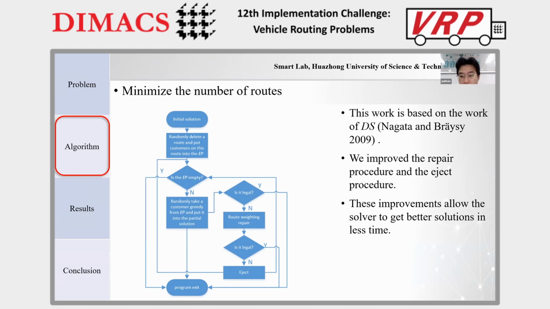Then call the route-weighted repair algorithm to repair the solution to be feasible. If the solution can't be restored to be feasible after the repair procedure, the ejection procedure will be called. A certain amount of customers are ejected from the partial solution and put into the EP. Thereby, the partial solution is restored to be feasible. We improved the repair procedure and the eject procedure. These improvements allowed the solver to get better solutions in less time.